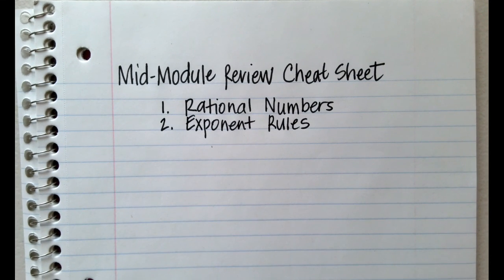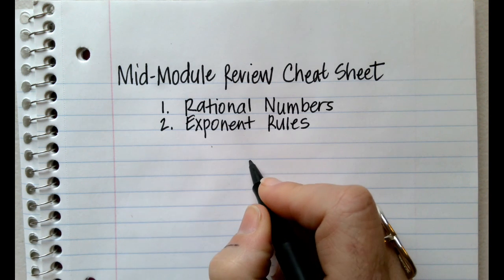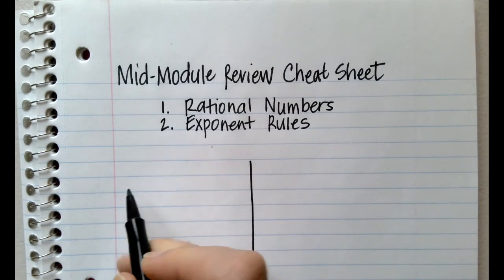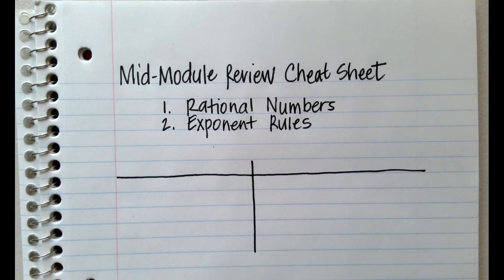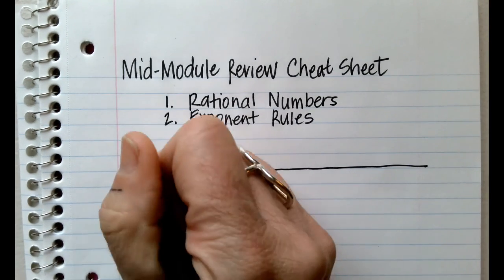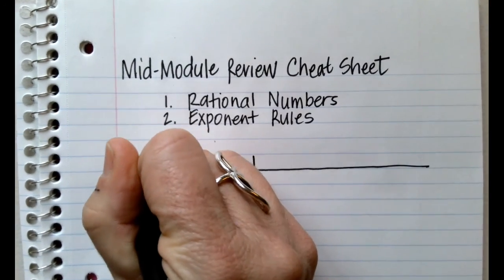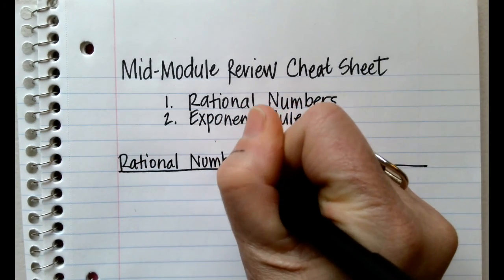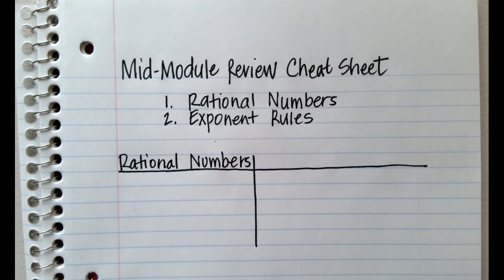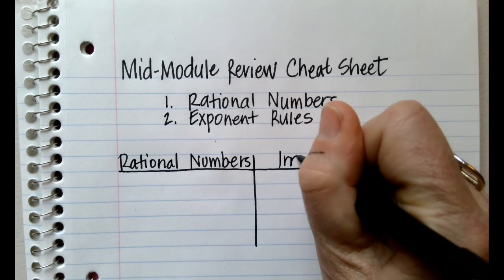So whenever I am trying to understand something new or understand the definition of something, it's important for me to know what the opposite is of that number or of that topic. So let's make a really quick T-chart. I'm going to title one of those columns rational numbers, and the other column irrational numbers.